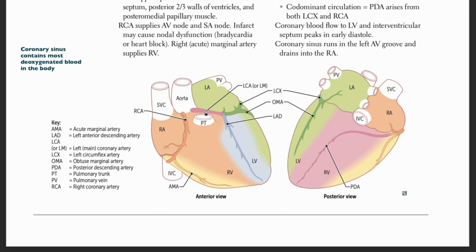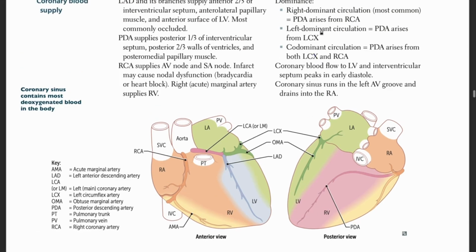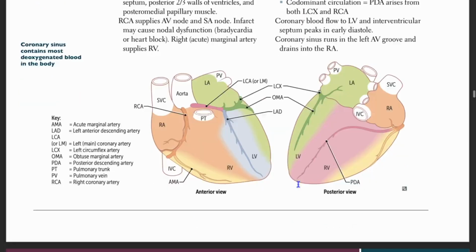Left coronary artery goes around the left atrium as left circumflex artery, and then it could turn into the posterior descending artery. But RCA and PDA is the most common one. It could be that it's both of these, or it could be just the left.